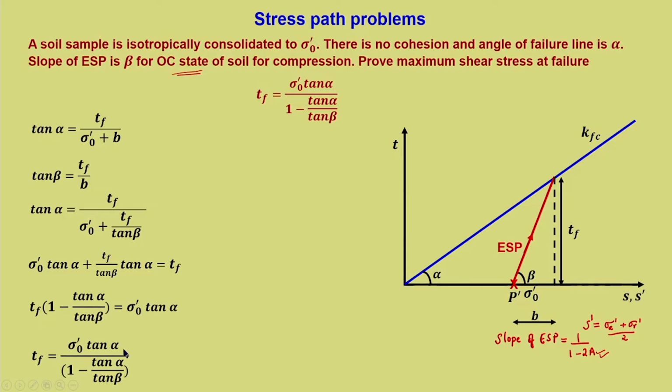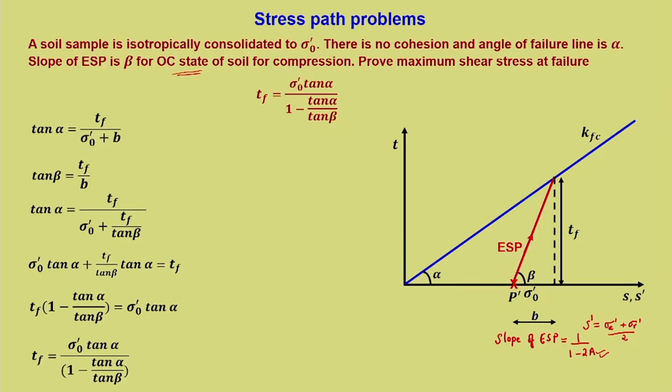So, Tf is equal to sigma naught dash tan alpha upon 1 minus tan alpha by tan beta, and that is the expression that we need. Hence it is proved. You can use this expression for solving further problems as well. So, that is all about the first problem.